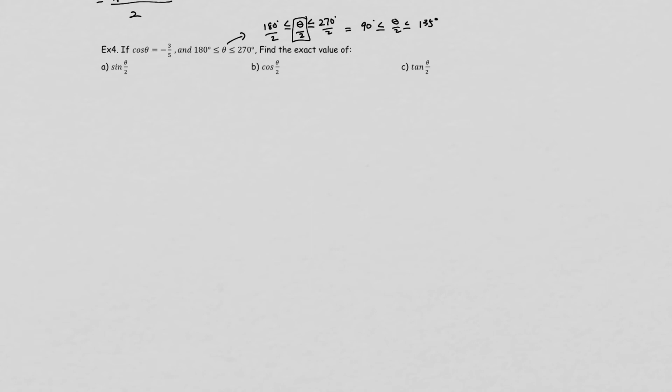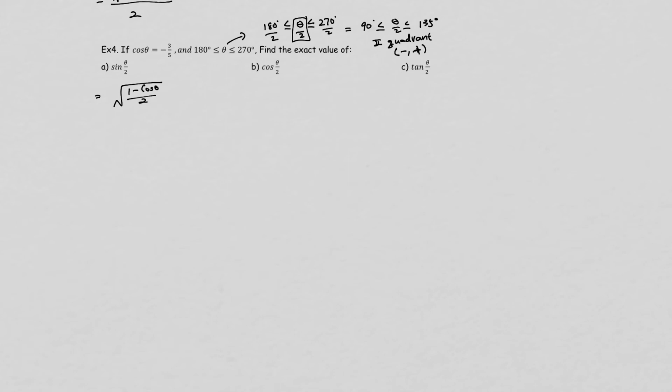This means this is going to be in second quadrant. Second quadrant, you have negative and positive. So using that, your sign is going to be positive, and plug into the formula. So this is positive, but we're not writing it, right? And cosine theta over 2 is the formula.